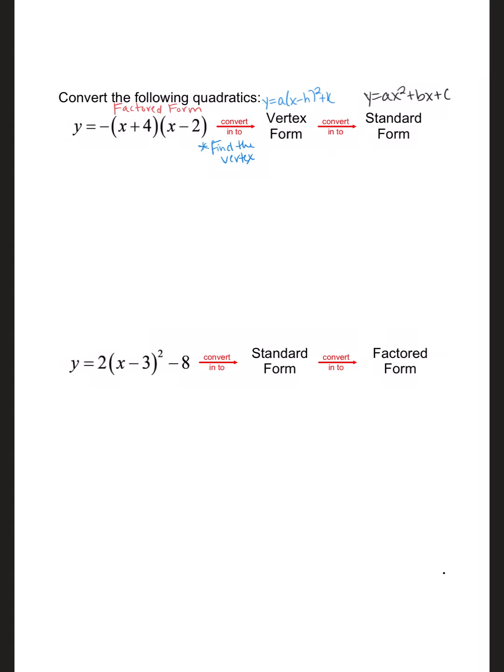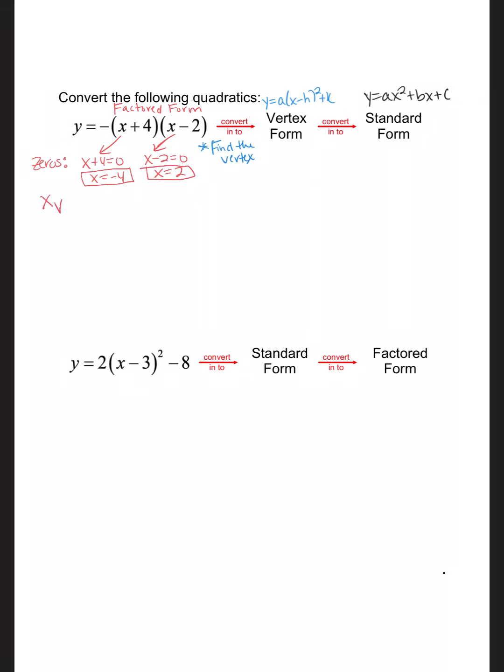So let's work through that. So we're going to first identify our zeros. Okay, so our zeros are going to be at x plus 4 equals 0, so x equals negative 4, and x minus 2 equals 0, so x equals 2. So we have our x's, or our zeros.